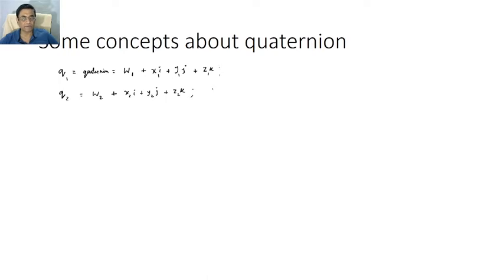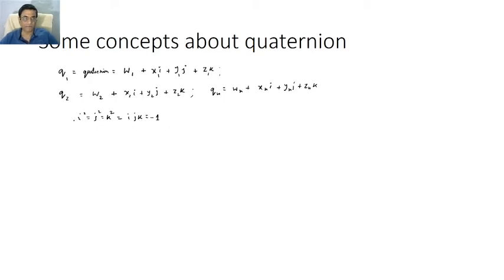I can write Qn equals Wn plus xn i plus yn j plus zn k, where ijk follow the fundamental rule which Hamilton wrote: i square equals j square equals k square equals ijk equals minus 1. This fundamental rule is followed everywhere in Quaternion.